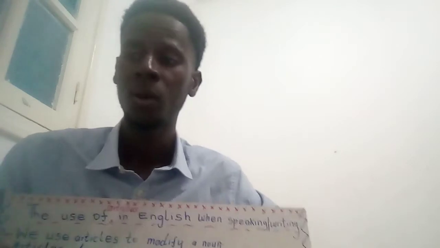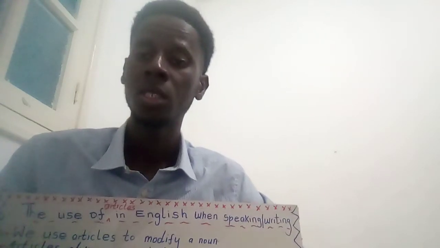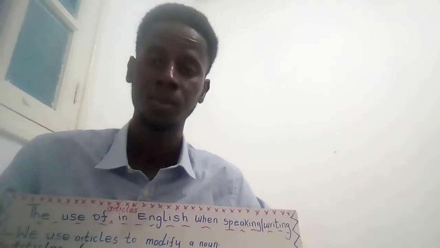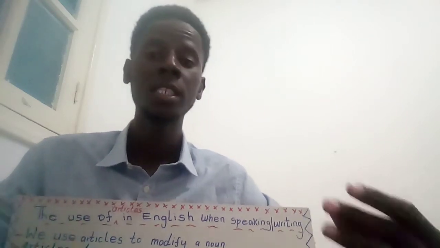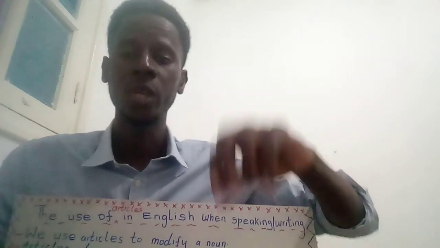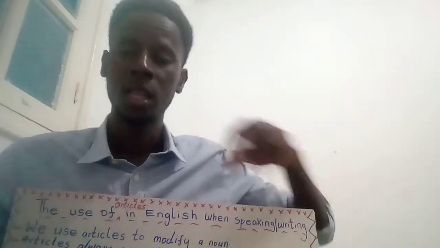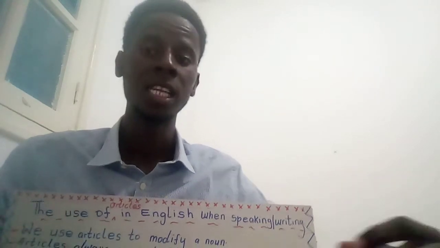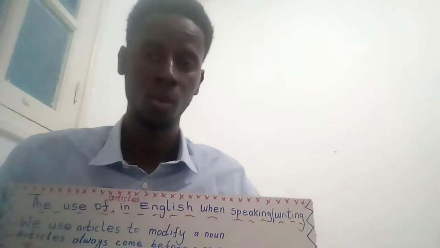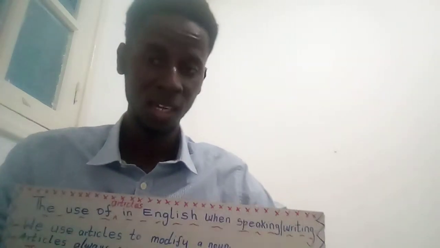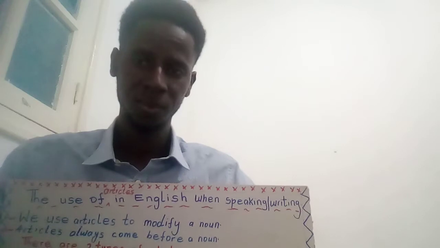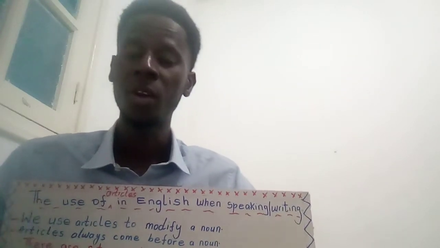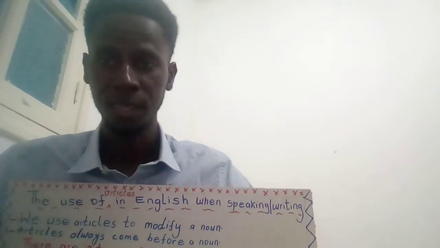Now we talk about singular countable noun. When the noun begins with a vowel letter, and this noun is in the singular form, and secondly, it is a countable noun, then we are going to use an.